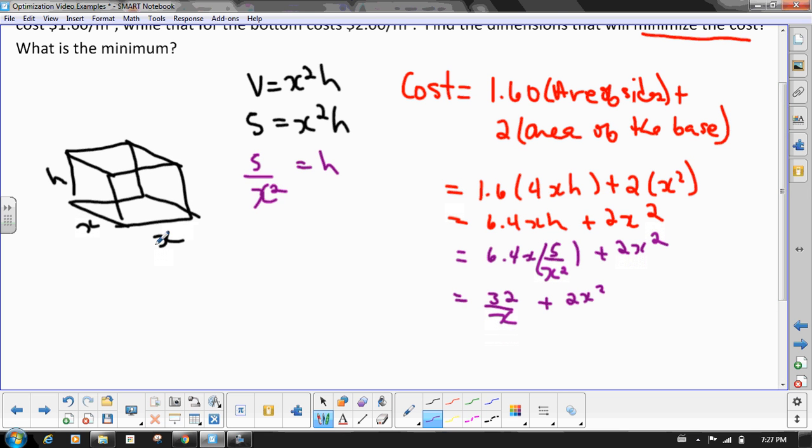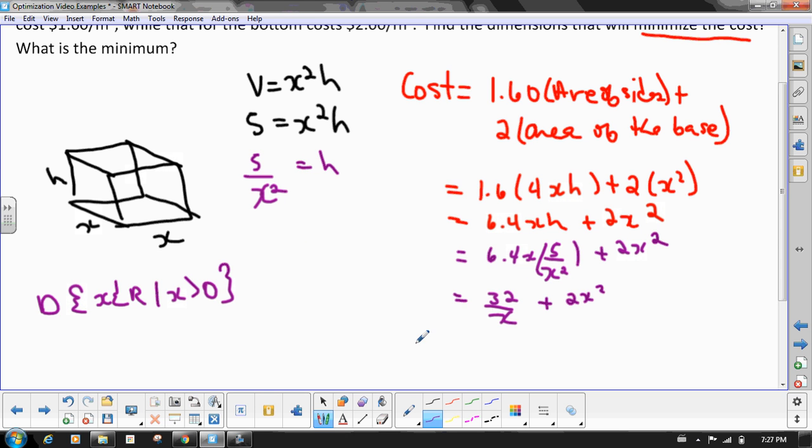Now, when we think about our domain, I'm looking at getting a volume of 5. So I know that x can be between 0 and 5. That's not quite true when we're looking at it, but I know that x for now is going to be greater than 0.